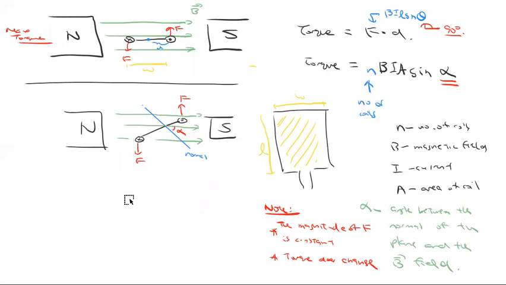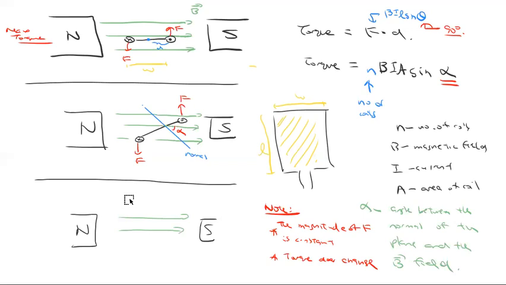So it'll keep turning, and once it keeps turning, it will reach a position where it's like this. The force will still be going up and down. And you can probably understand just from a general idea that that doesn't give you any torque.